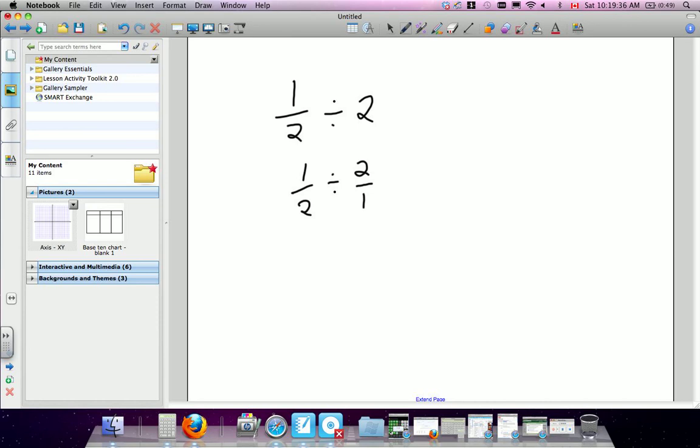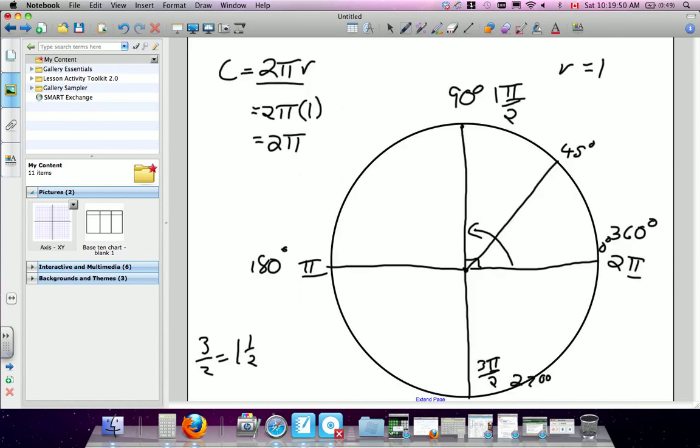And when dividing fractions, I can just make it a multiplication question if I flip this, make the reciprocal. Yeah, exactly. So you get a half, 1/4. So when we go back to our other page, 45 degrees is 1/4 pi.